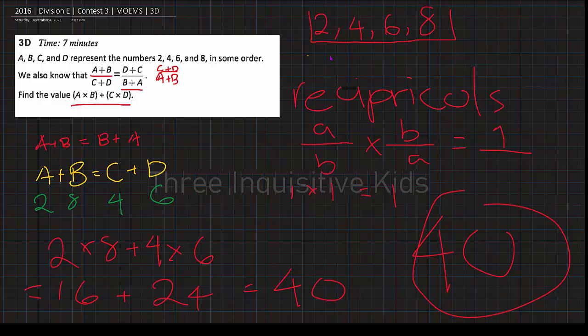So then we filled these numbers in, so it was 2 and 8 equals 4 and 6, and that's true. All we had to do was plug in the numbers and do the multiplication, and in the end we got 40. That's exactly how simple it is. But really it comes down to knowing the rule of reciprocals and realizing that these are reciprocals.